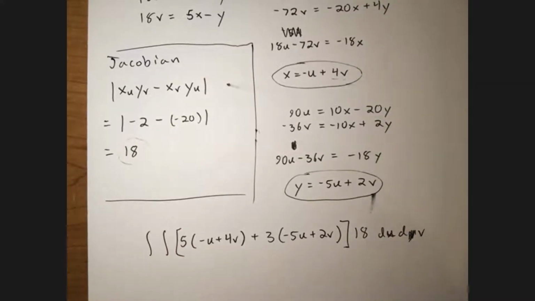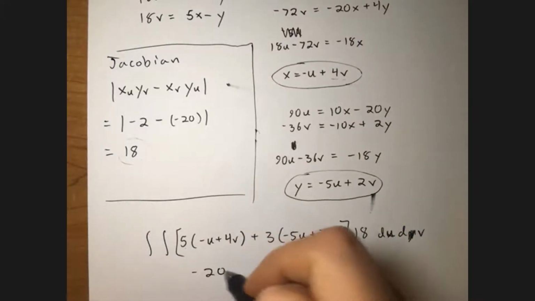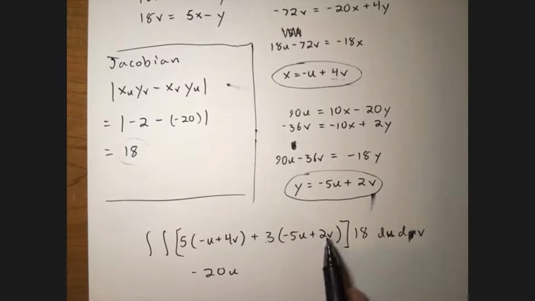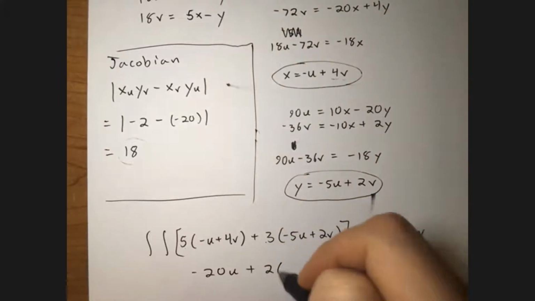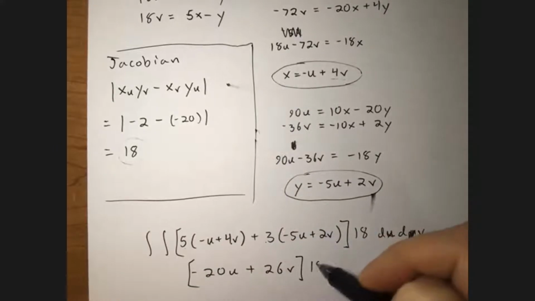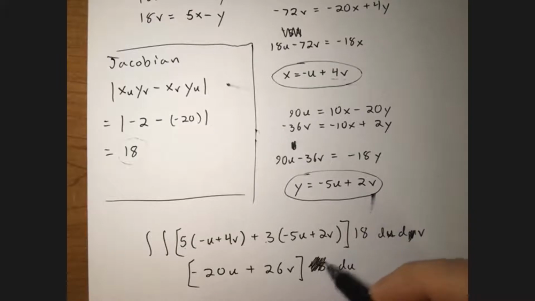All right, so let's simplify what's in here. We have negative 5u minus 15u, that's negative 20u. We have 20v plus 6v, that's 26v. Let's take that 18 and pull it outside.